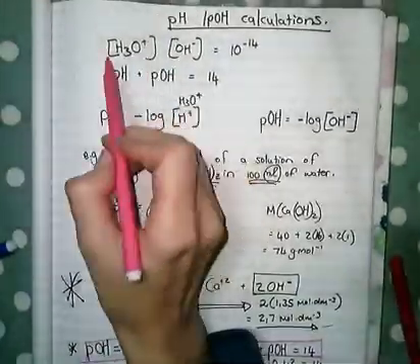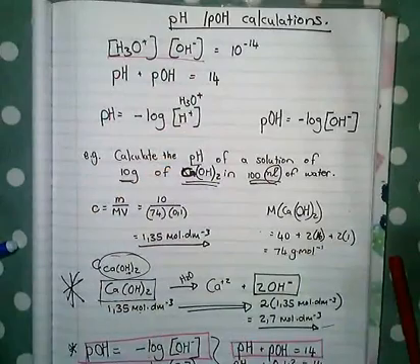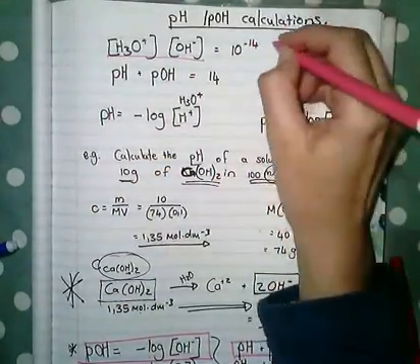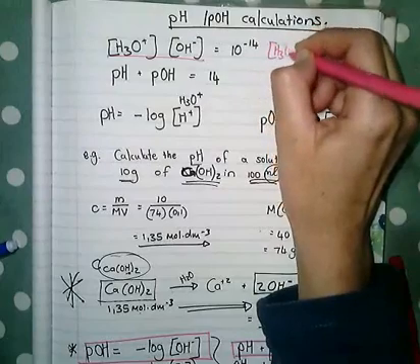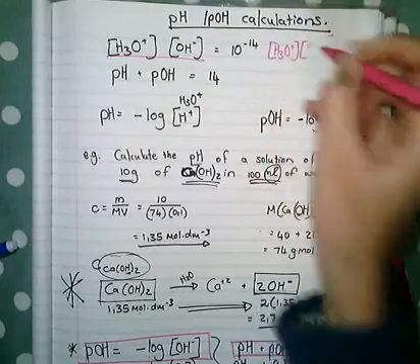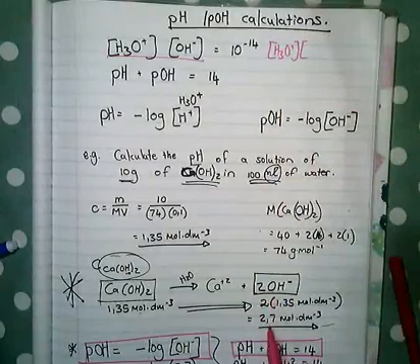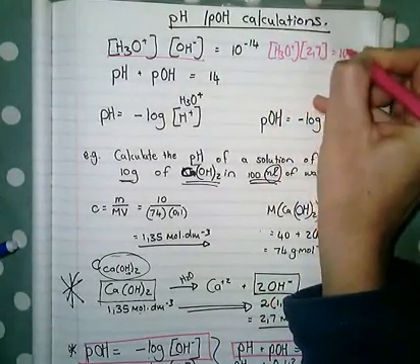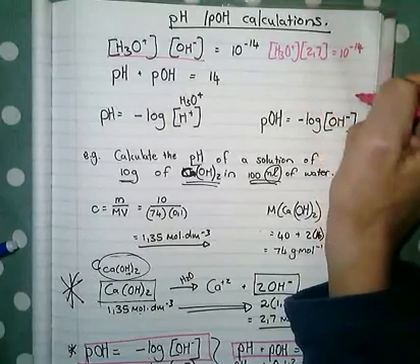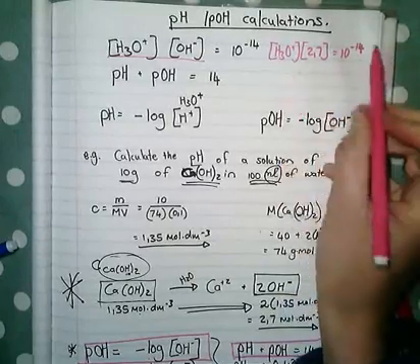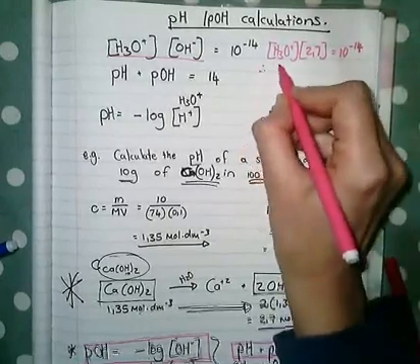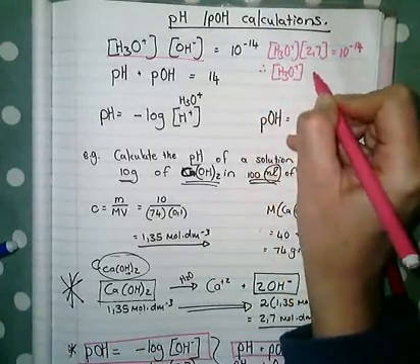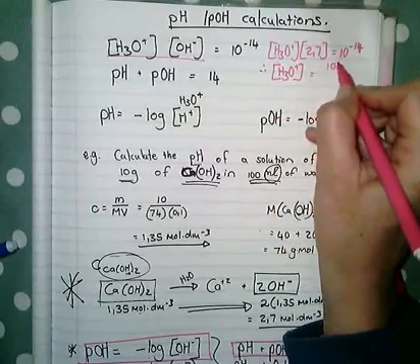That would be 10 to the power of minus 14 divided by 2.7. If you calculate this, you get 3.7 times 10 to the power of minus 15 moles per cubic decimeter as the concentration of the hydronium ion.